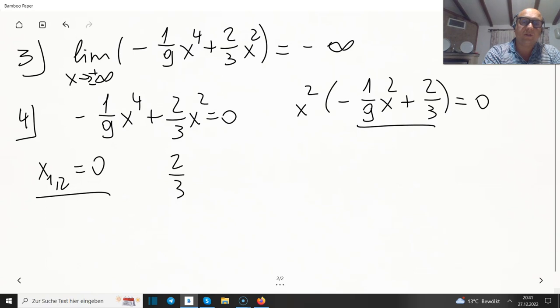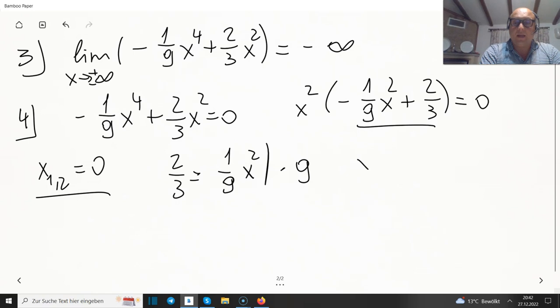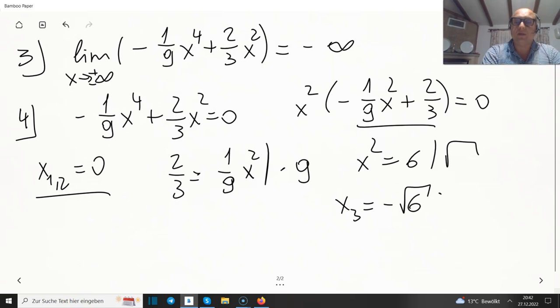So 2/3 is equal to 1 divided by 9 times x squared. We're multiplying times 9. We can simplify it. It's just x squared being equal to 6. Now we take a square root, so x3 is minus square root of 6, and x4 is plus square root of 6, which makes sense considering the symmetry as well.